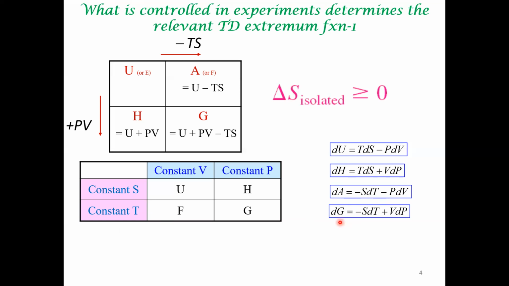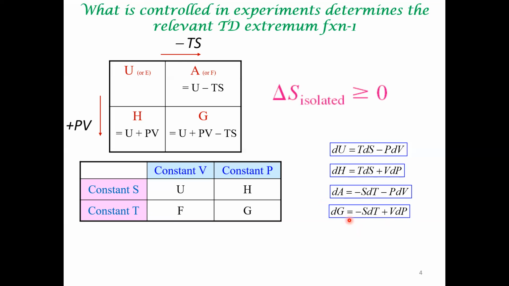Likewise, when I have an experimental system where T is held constant, there is no change in temperature, there is no change in pressure, dT and dP are 0, therefore Gibbs free energy to the first degree is 0.